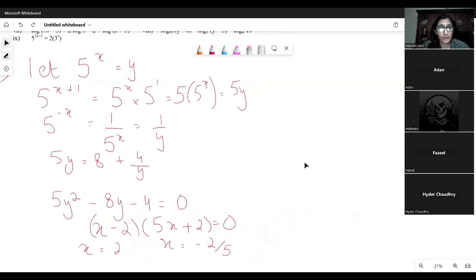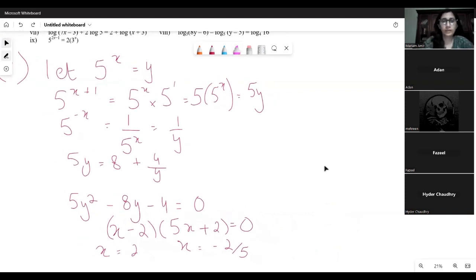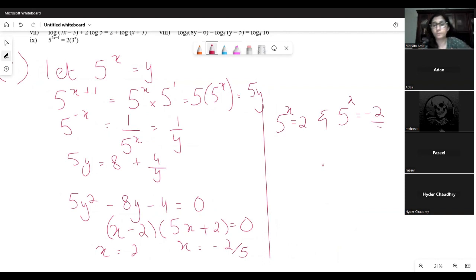So now y has to be replaced with 5 power x. So 5 power x equals 2 and 5 power x equals minus 2 by 5. How does this 5 go to the other side now? Without taking log on both sides, natural log or log, that is also of course an option. But how do we do this step?